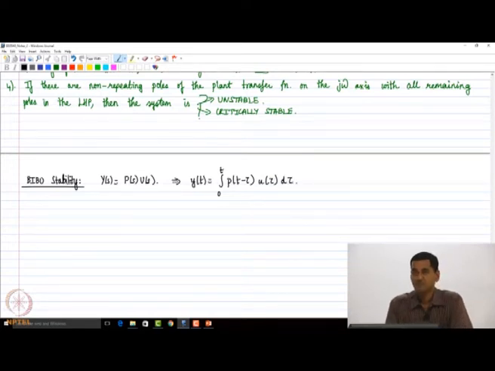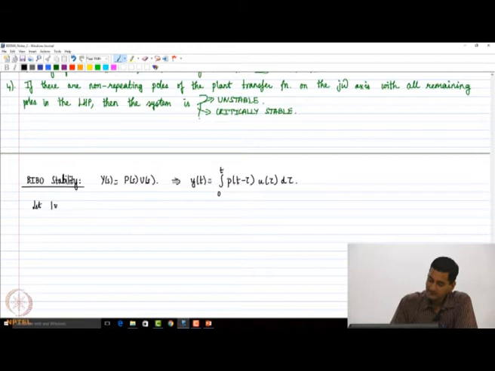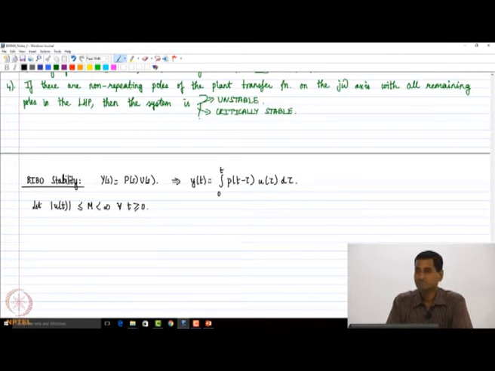So I am using the convolution integral. Let the magnitude of u of t be bounded by a positive real scalar M for all t greater than or equal to 0.